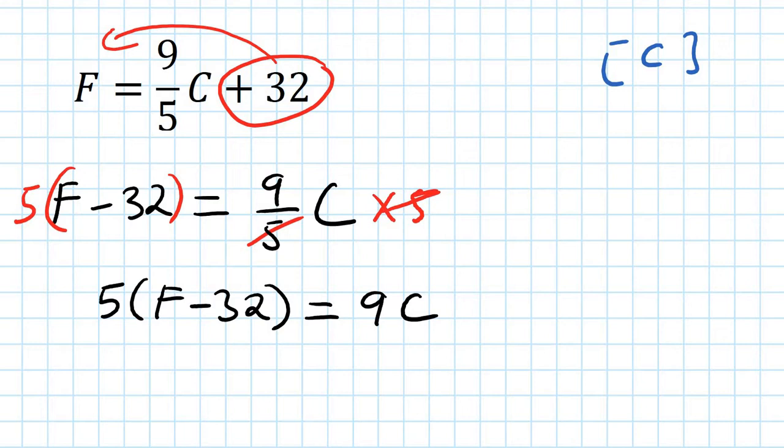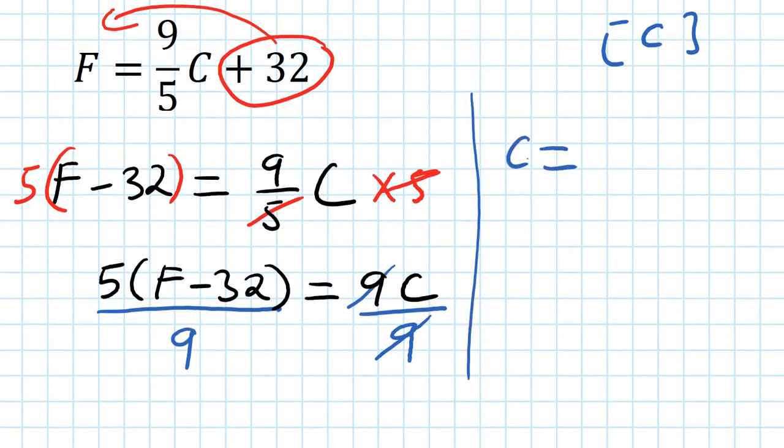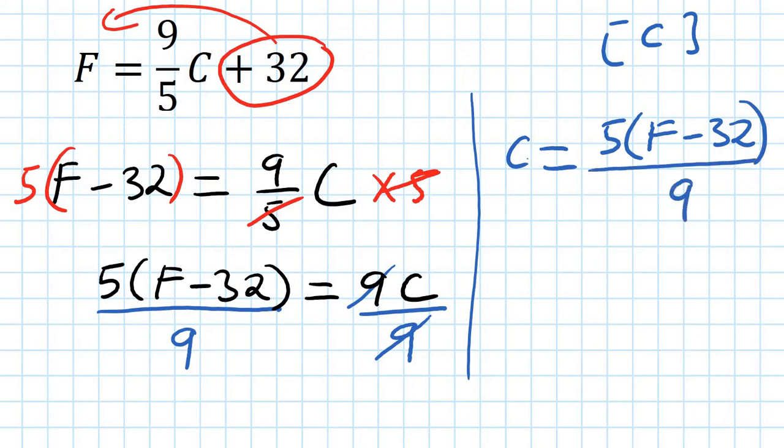The next step is I get rid of the 9, because I want to make c the subject, so I divide the whole lot by 9. So c is equal to 5 open bracket f minus 32 close bracket all over 9. That is your answer.